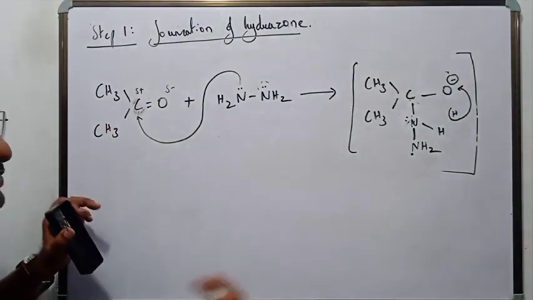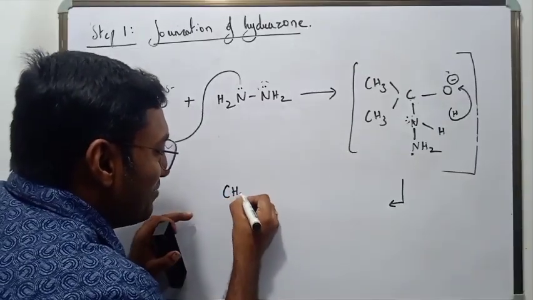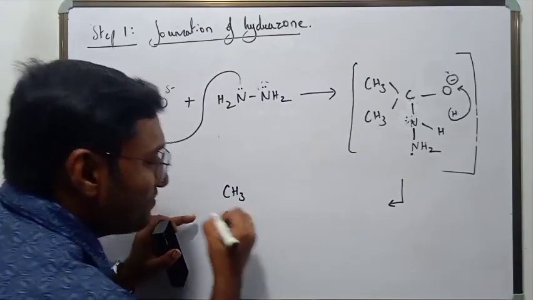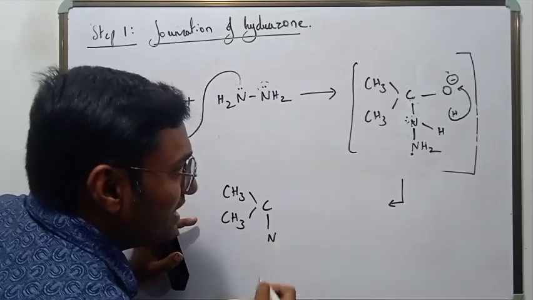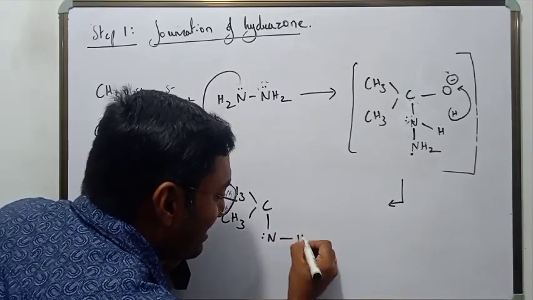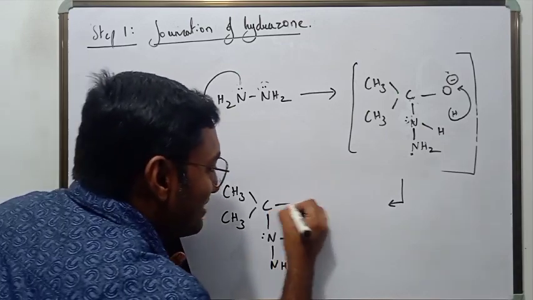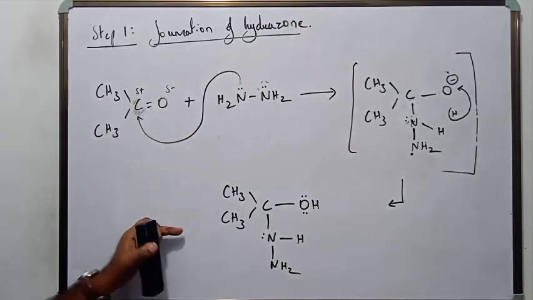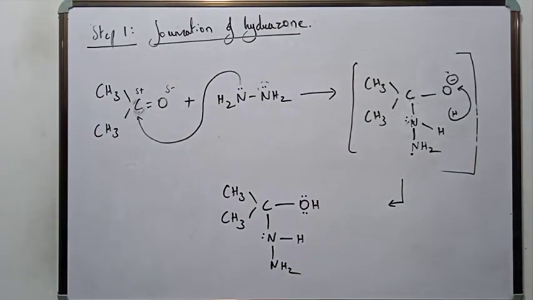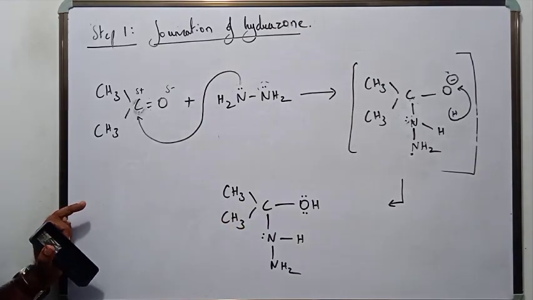So the new structure that you get will be something like this. The lone pair will come back and NH2 will be here, and there you go, OH. O also has two lone pairs of electrons, and you can show that too.